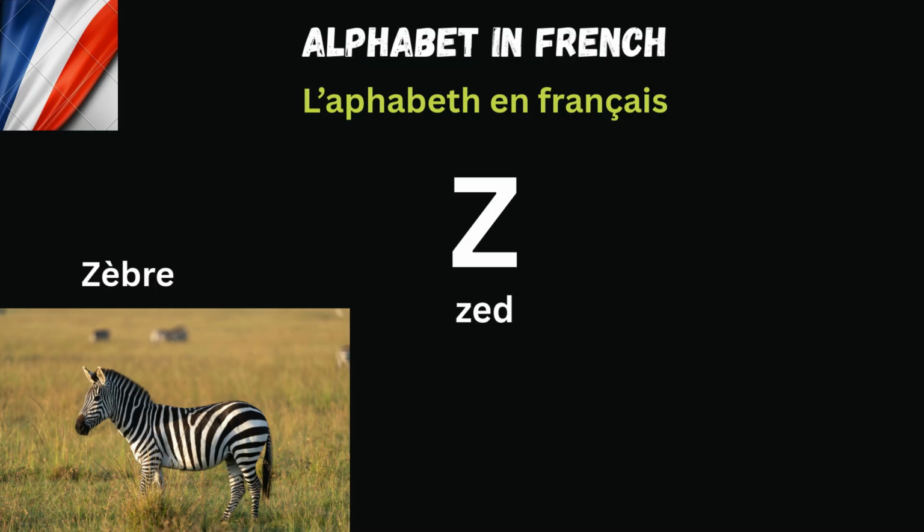So let's try pronouncing the letter Z in French again. Z again, Z. Lastly, Z. Perfect.